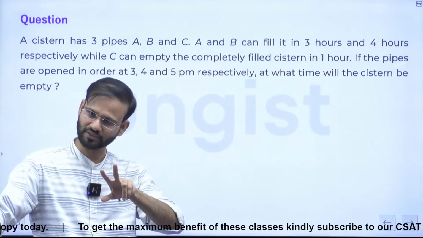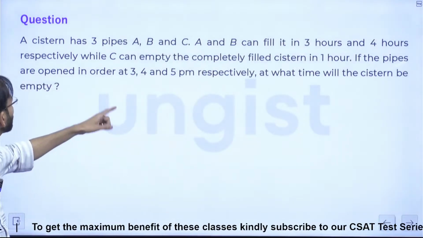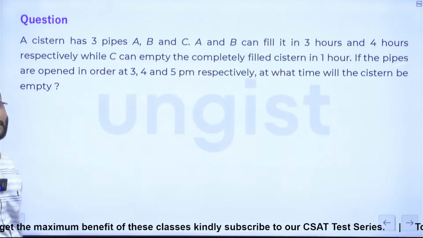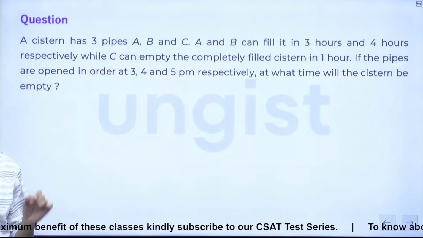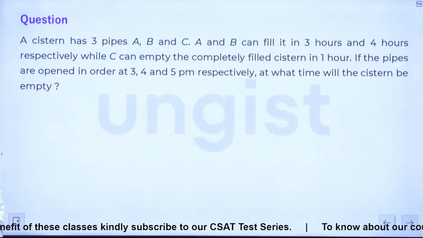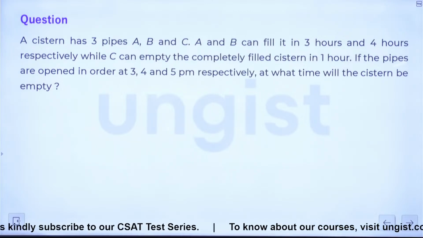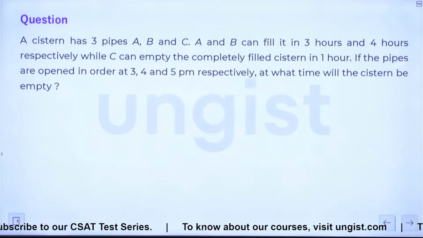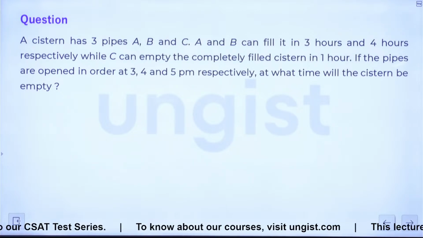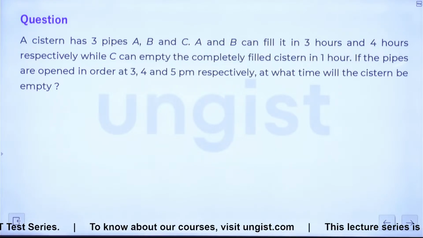You have found 2 things, right? Here also मुझे ये बताइए, at 5 PM, just read the question, at 5 PM the leak was opened, yes or no? At 5 PM the leak was opened, just read it.